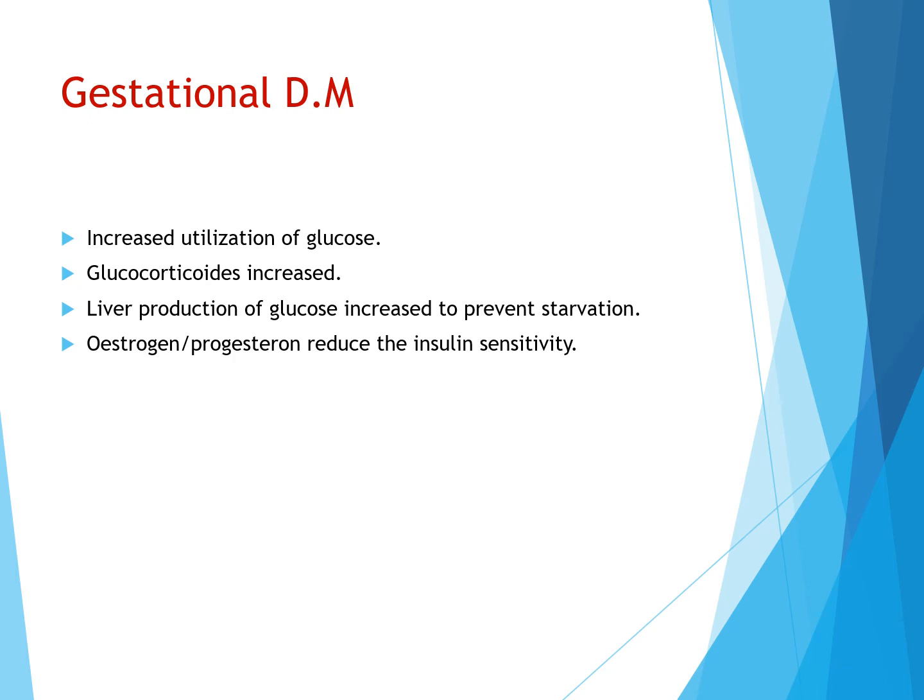Also, the glucocorticoids increase the blood sugar level during pregnancy. Sometimes the liver is also triggered to produce more glucose so as to prevent starvation of the growing baby. So all these factors slightly increase the blood sugar levels during pregnancy, and this condition is called gestational diabetes mellitus.